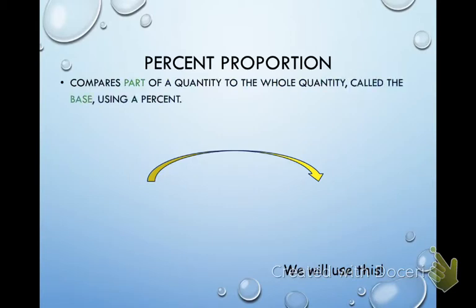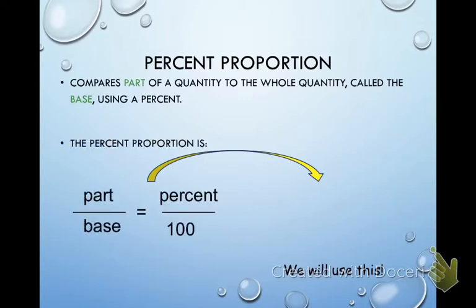Well, it compares part of a quantity to the whole quantity, called the base, using a percent. Now, that's what you need to write down at the top of your graphic organizer, but I'll show you more in a few minutes. Now, we would normally call the percent proportion part over base equals the percent over 100. Remember, it's going to compare the part of a quantity to the whole quantity, which they called the base.